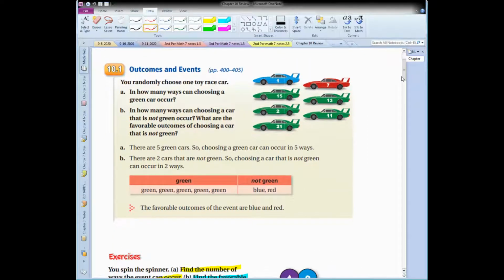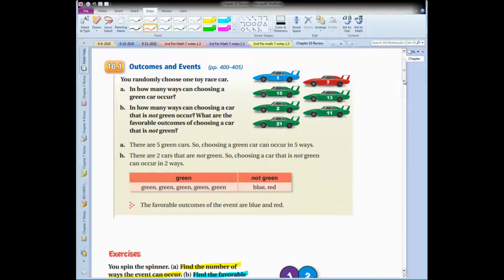In section 10.1, we covered outcomes and events. Here's an example where you're randomly choosing one of these toy race cars. When the question asks in how many ways can choosing a green car occur, it's asking for a number.